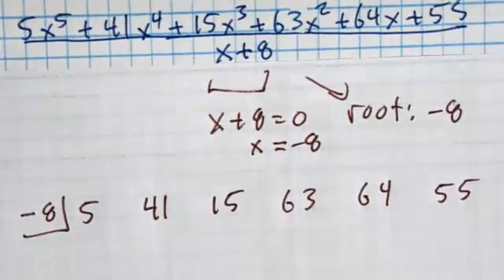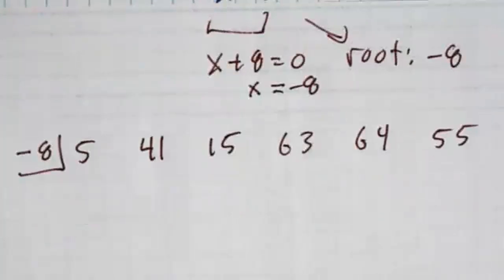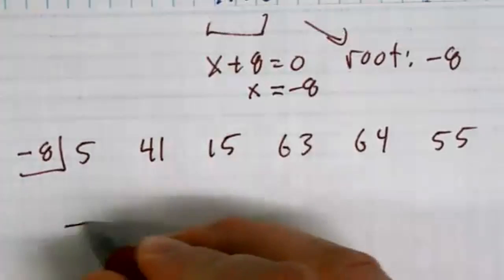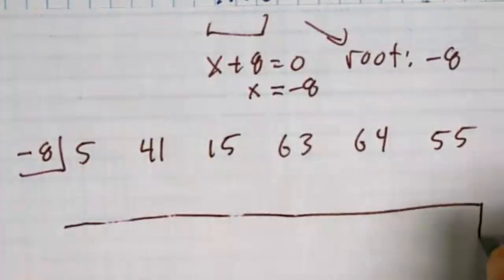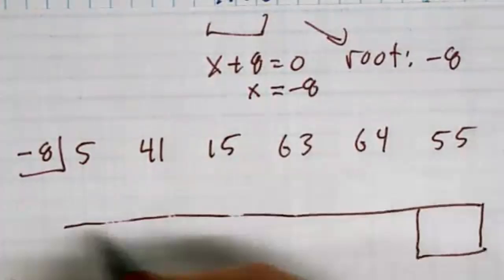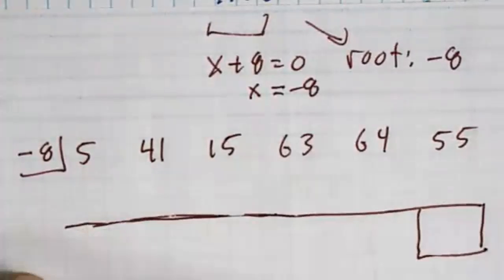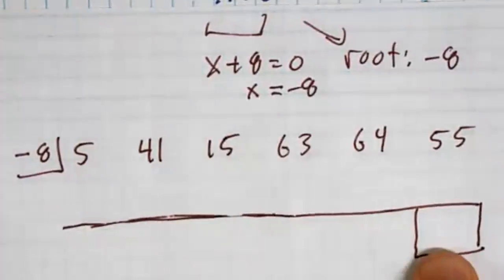All right. And then we're going to leave ourselves room for another row of numbers underneath that and draw our line. And I do this thing with the little box at the end. Is that the same style that you did last year?